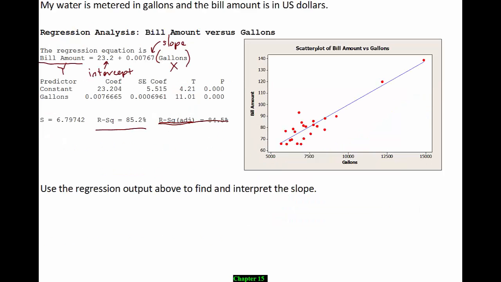We already said that the slope is 0.00767. So we said in regression to always write the slope over 1. So that's going to be 0.00767 divided by 1. And remember, that's the change in the y's over the change in the x's. And my y is bill amount.